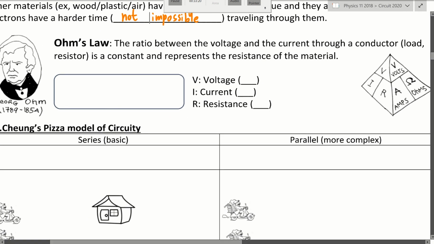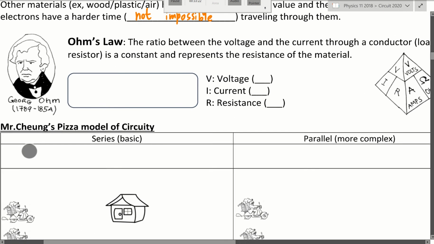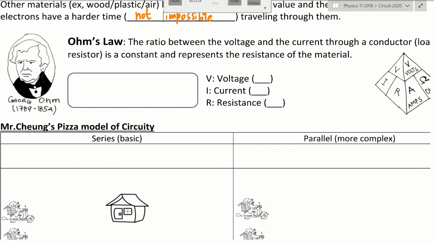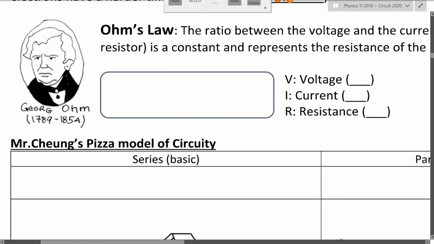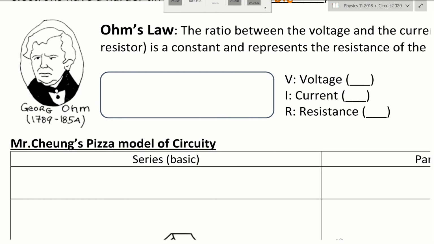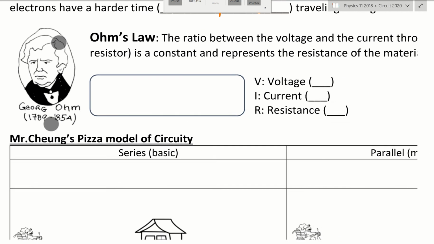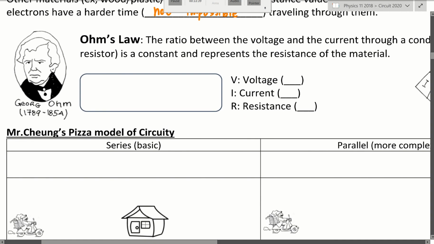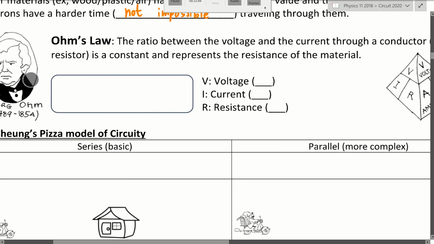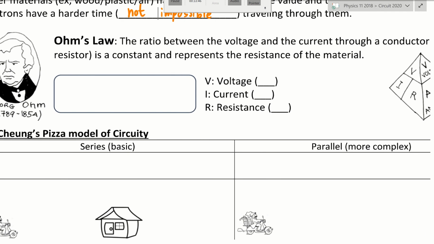Okay, so be careful. Now, I'm going to mispronounce this person's name, and I apologize. He's a German scientist. I thought his name was George, but it was German, so it's actually Georg Ohm. He's a German scientist who put a lot of time into studying the relationship between voltage, current, and resistance.